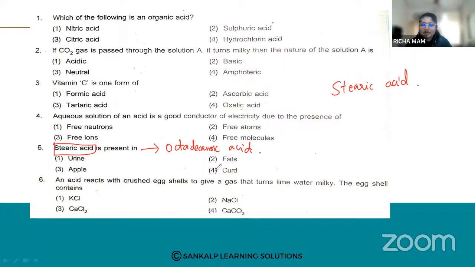Stearic acid is a saturated fatty acid, so it is present in fats. Stearic acid is present in fats. It is a saturated fatty acid, also called octadecanoic acid.